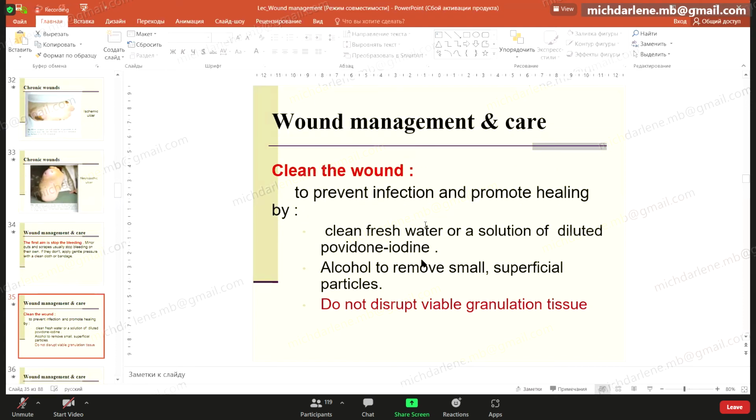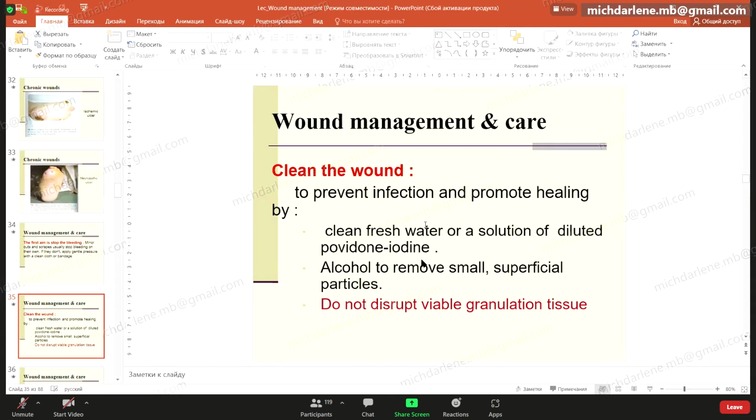Don't forget that first of all, when you check the primary wound, the person who checks it should clean this wound successfully. If you have some special antiseptic solutions, why not? But do not use spirit. Why? Because the spirit guarantees that you have some coagulation of the proteins in the wound canal. That's why the regeneration does not happen finally.